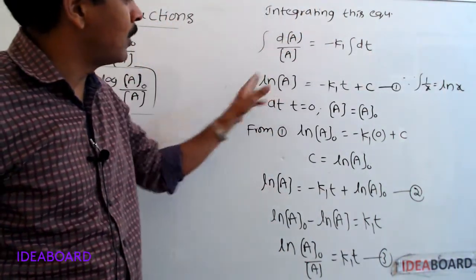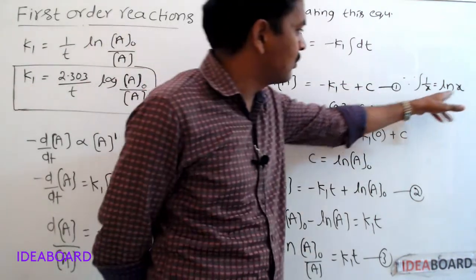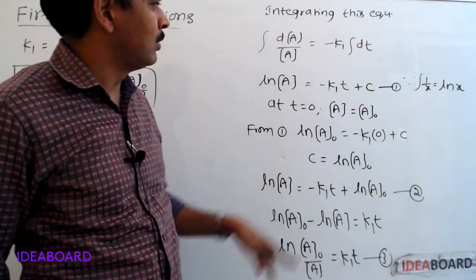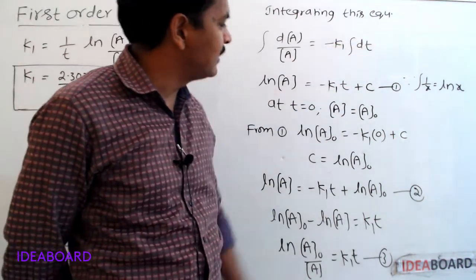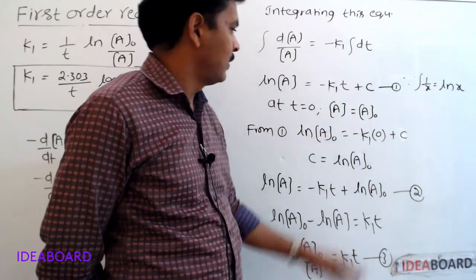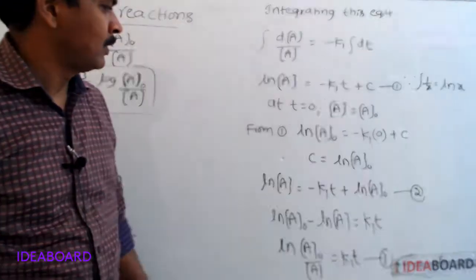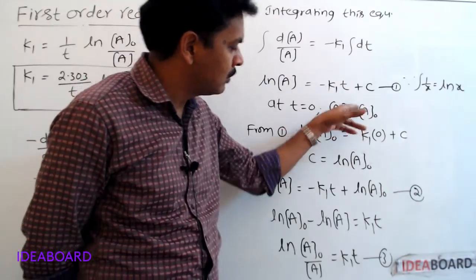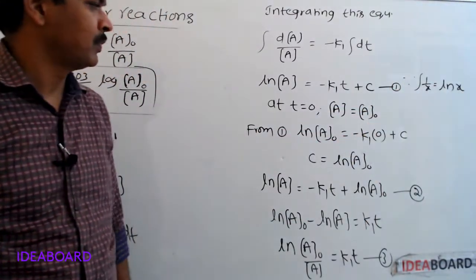Integral 1 by x is equal to log x. Then log A is equal to minus K1 t plus the integration constant C. This is equation 1. Next, at time t equal to 0, A concentration is equal to its initial concentration.